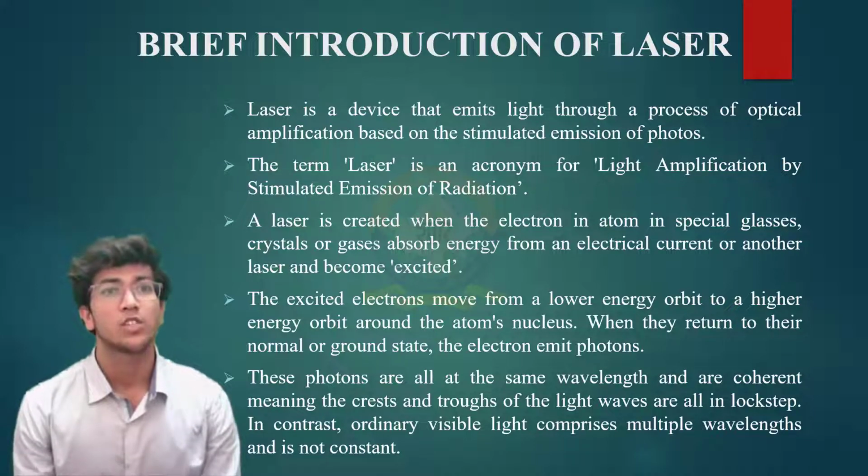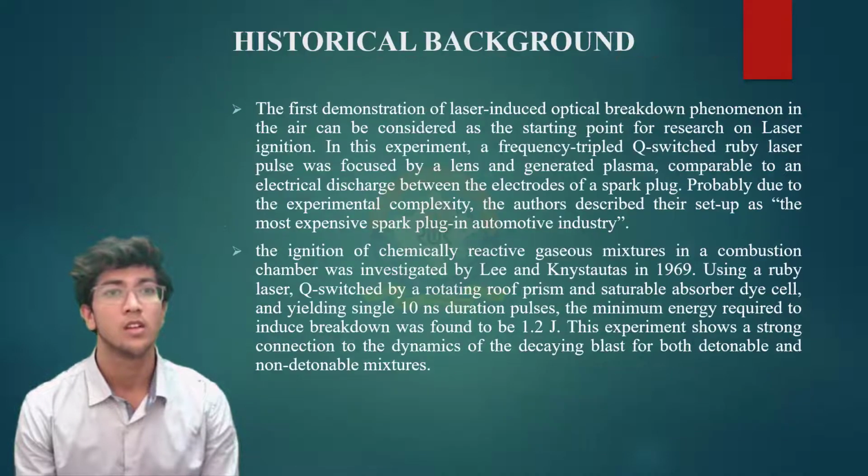The excited electrons move from a lower energy orbit to a higher energy orbit around the atom's nucleus. When they return to their normal or ground state, the electron emits photons. These photons are all at the same wavelength and are coherent, meaning the crest and trough of the light waves are all in lockstep. In contrast, ordinary visible light comprises multiple wavelengths and is not constant.